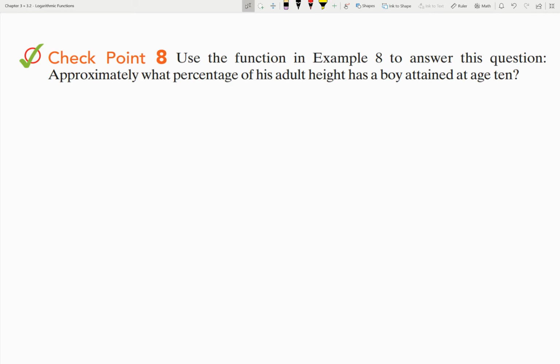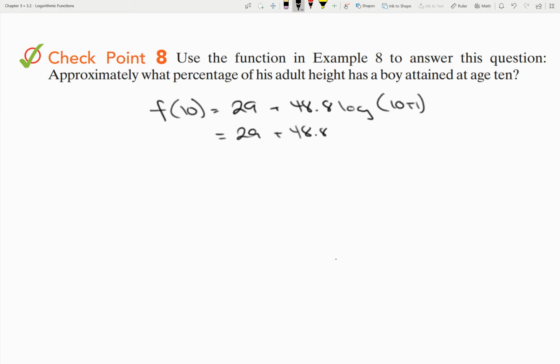Now age 10, so we're going to get f of 10. The function was 29 plus 48.8 log of 10 plus 1. So we get 29 plus 48.8 times the log of 11.